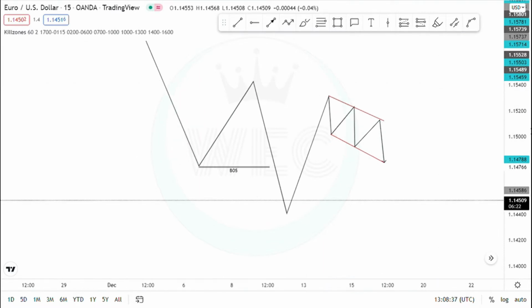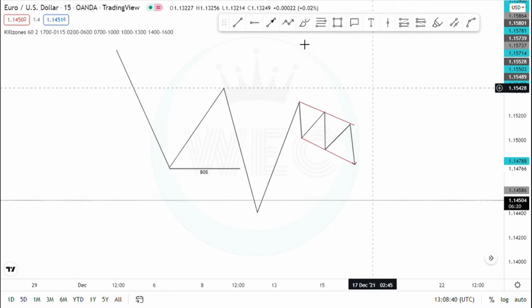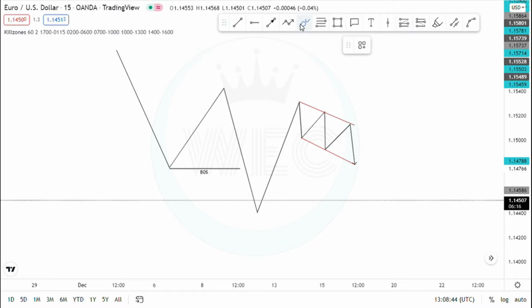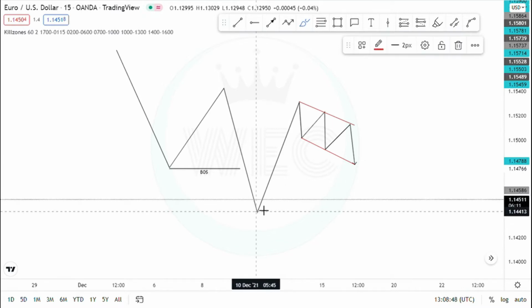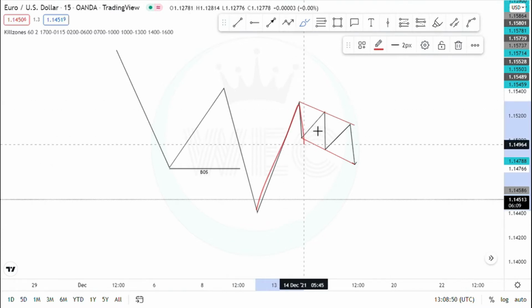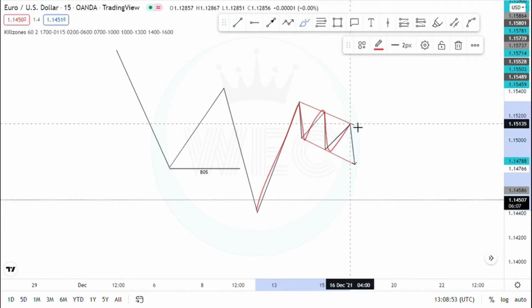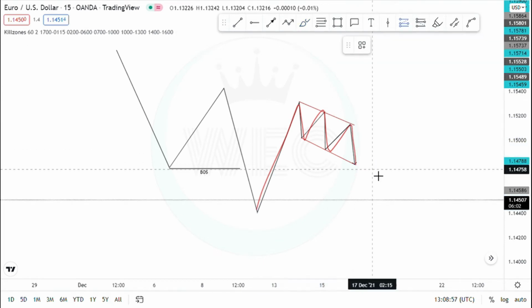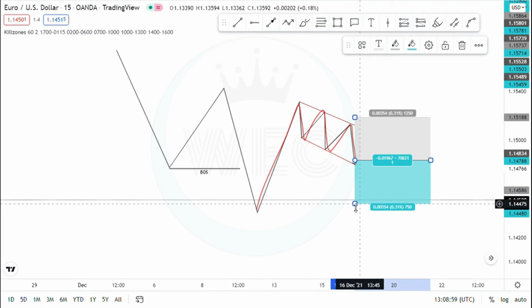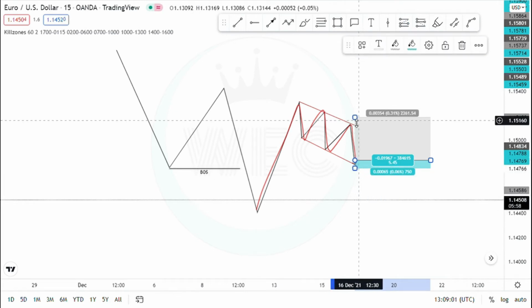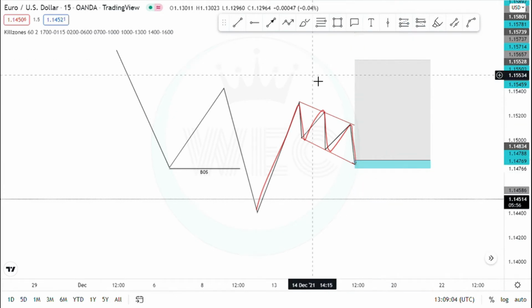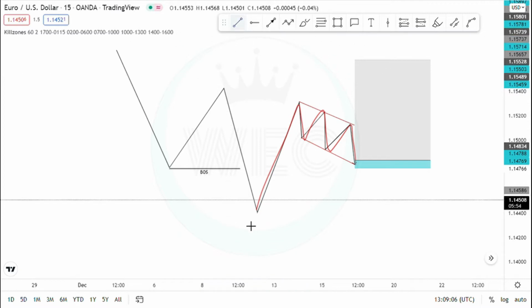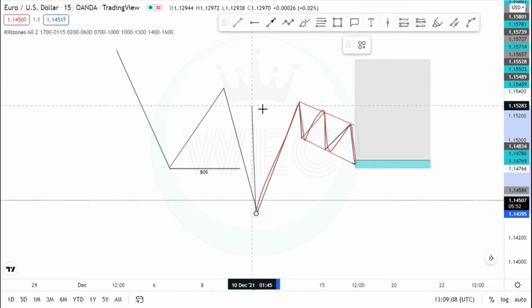Okay, great. So in the beginning of our forex journey, what we are taught mostly, especially those who learn chart patterns, is that when we see something like this, we see an impulse, we see a correction, and then the normal thing to do, or the right thing to do, is to take your buys on the third touch, and then you're going to target your take profit, which has to do with the same length of the pole.